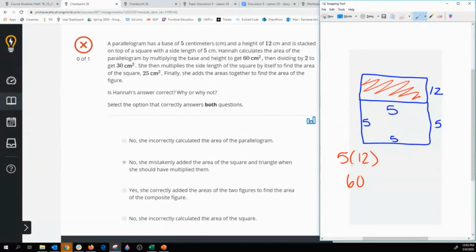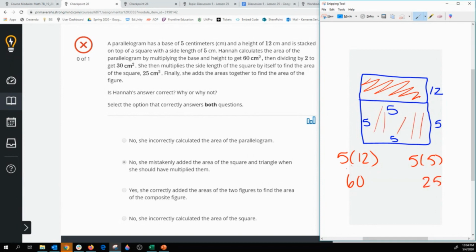Then she divides by 2 to get 30. And then she's multiplying the side length of the square by itself, so 5 times 5. Okay, so 5 times 5 is correct. That's the area of this square here, which would give us 25.